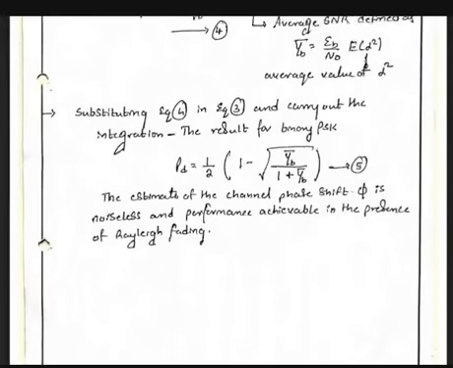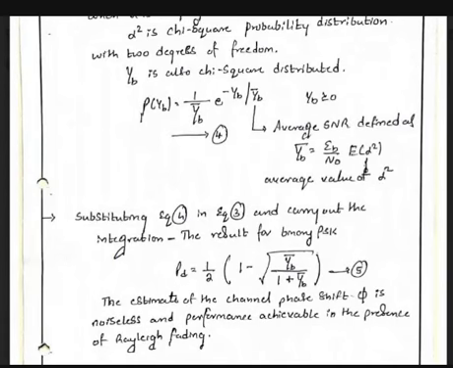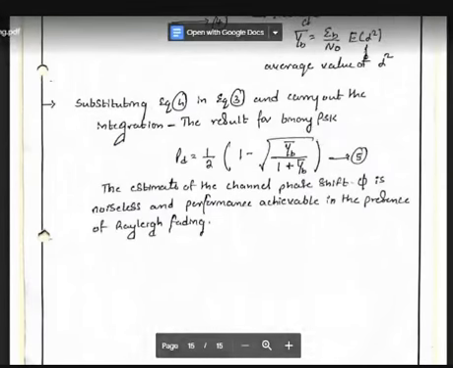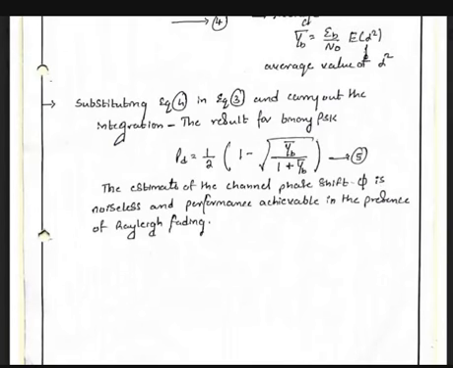Now let us substitute equation number 4 into equation number 3, and if we carry out the integration, we will have the result, equation number 5. This is the performance achievable in the presence of Rayleigh fading, with a noiseless estimate of the channel phase shift phi.